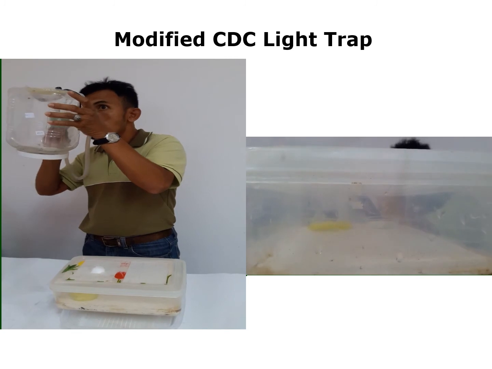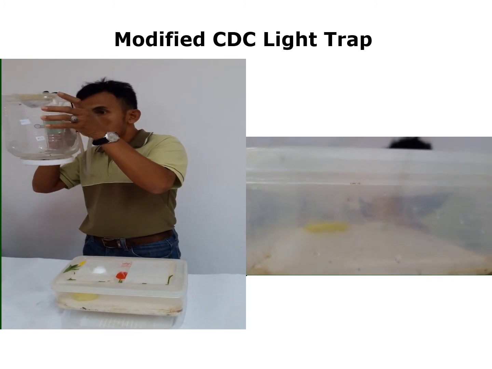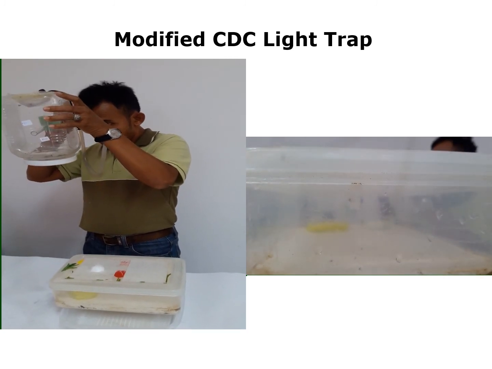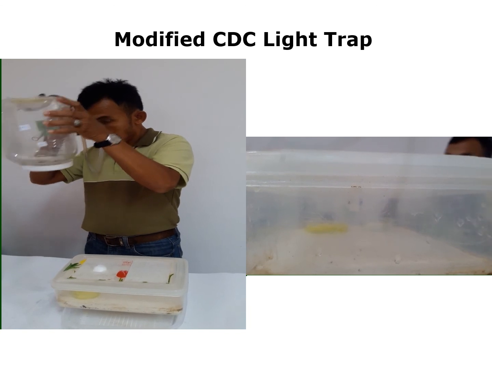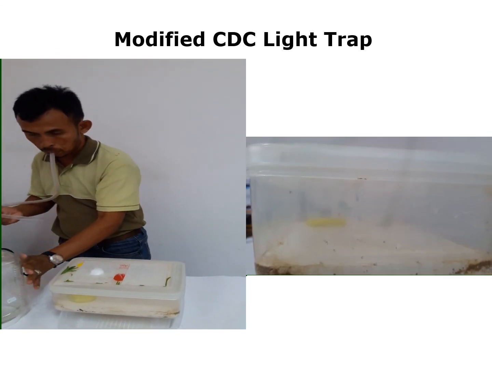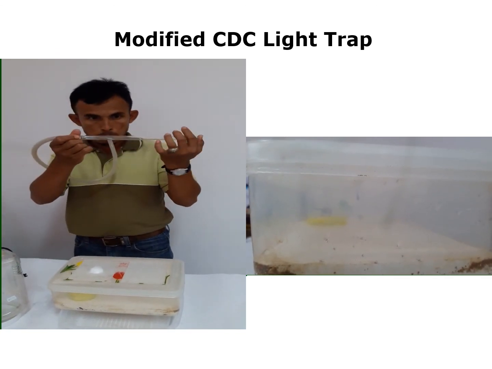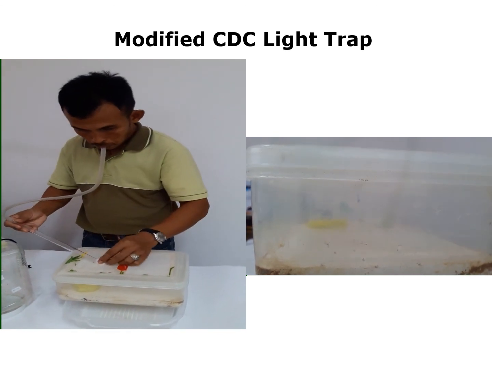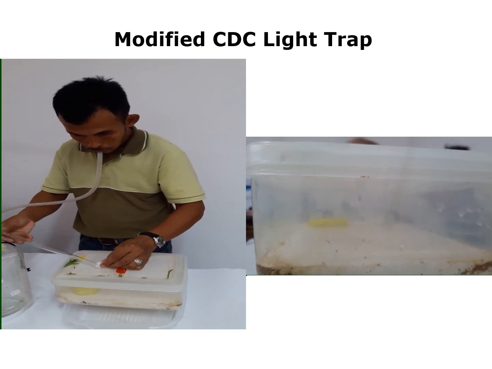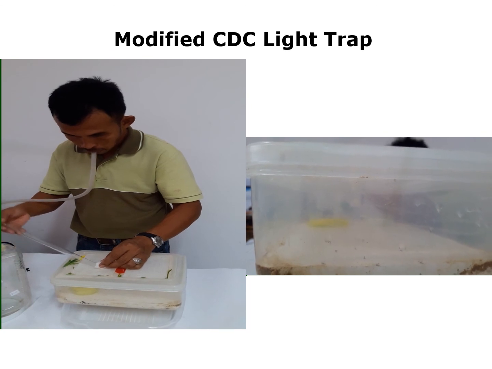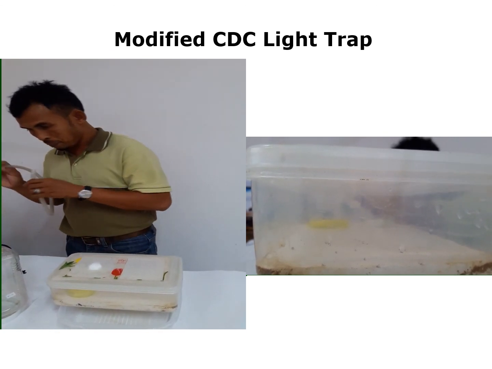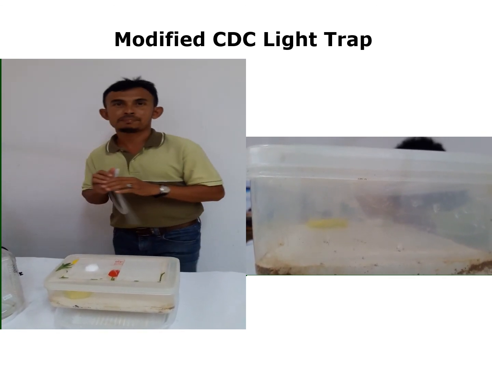The modified light trap also makes it easier to aspirate the samples out. However, when compared to the CDC light trap, the number of sandflies collected by the modified light trap is lower. These living samples can be used for sandfly colonization or Leishmania detection in further studies.